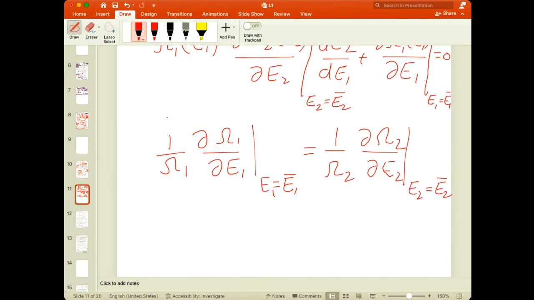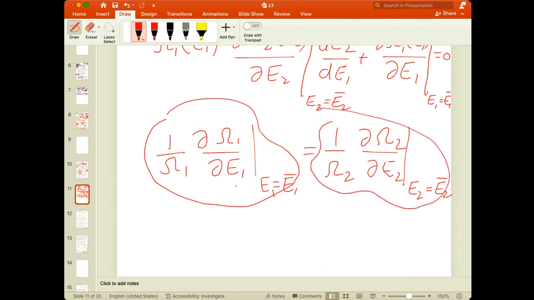This is something which needs to be the same for both systems. There is only a change of index, 1 everywhere here and 2 everywhere there. So I will term this quantity a beta function. Let it be beta 1, and this equals beta 2.